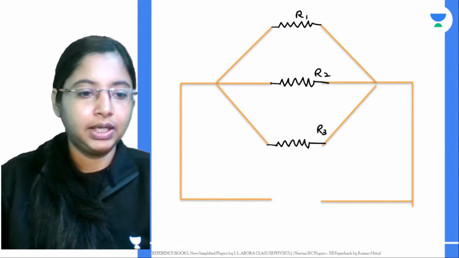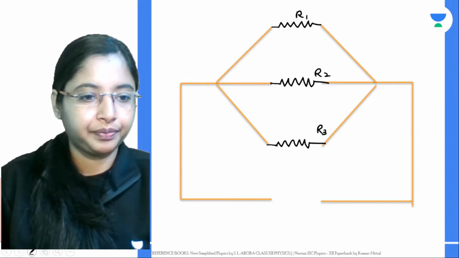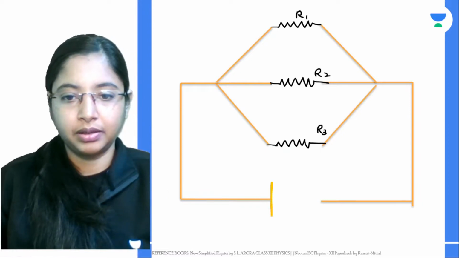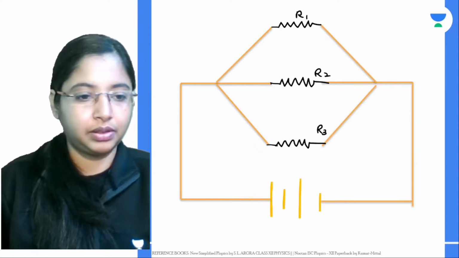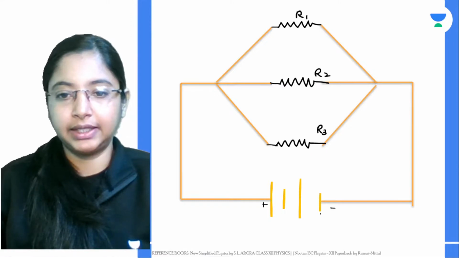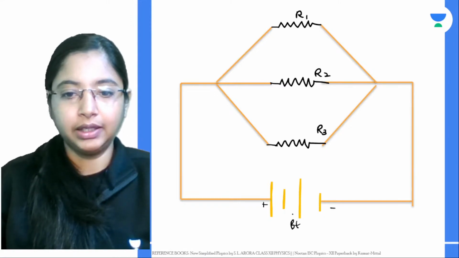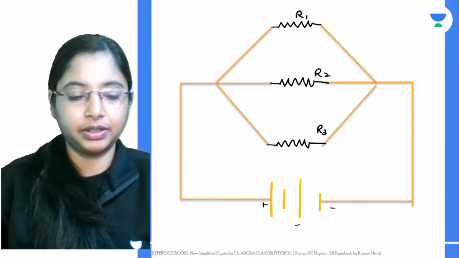Okay, now let's say you're connecting this whole thing across a battery. Right, now this being the positive and negative terminal of the battery, this particular battery has a voltage V, right?